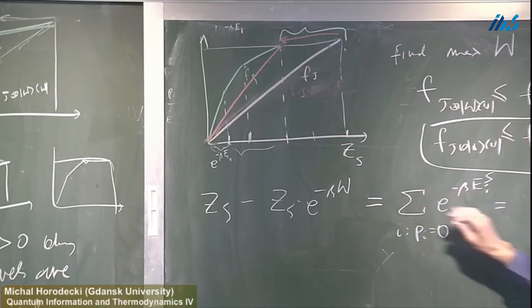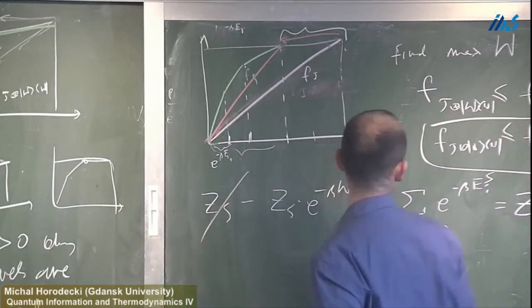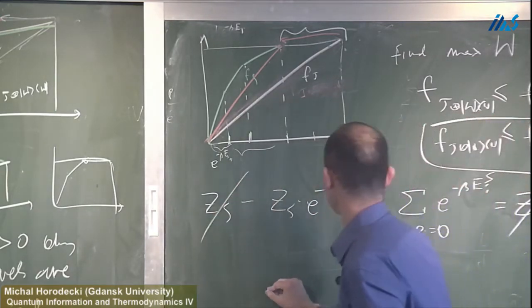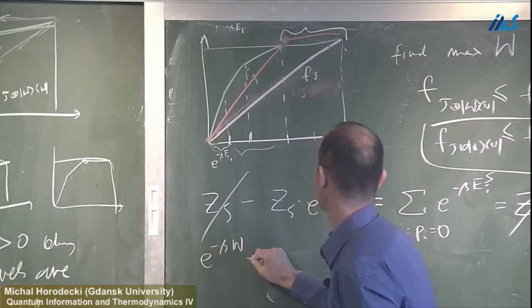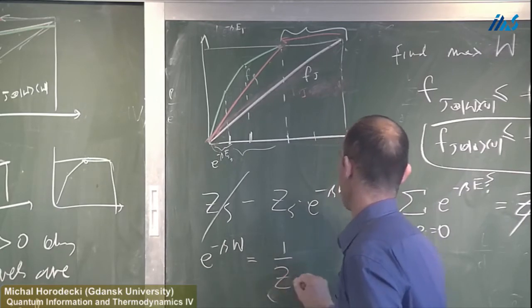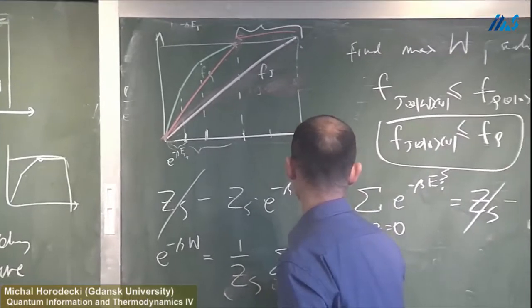This we can write as the total partition function minus all the Boltzmann factors for occupied levels. Then you cancel this, and you get that e^(-beta w) is 1 over z_S, this thing, times this thing.